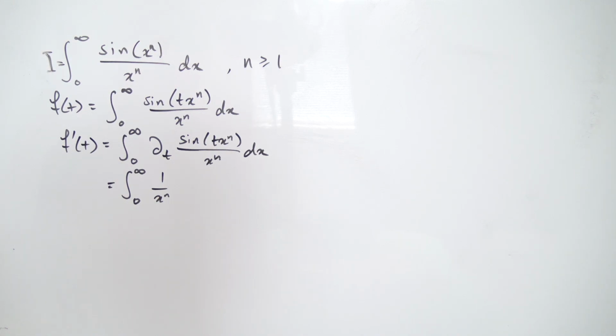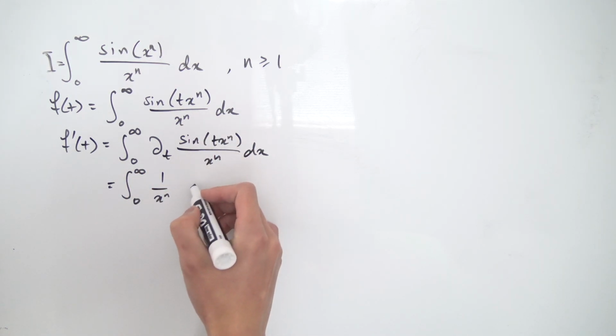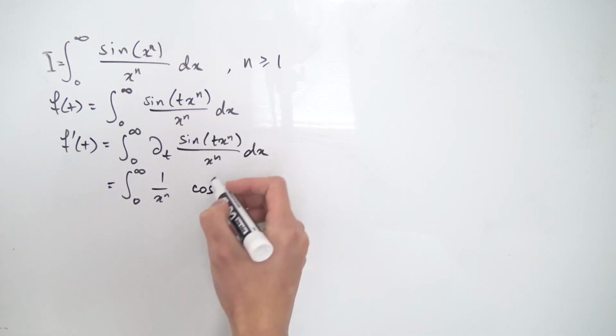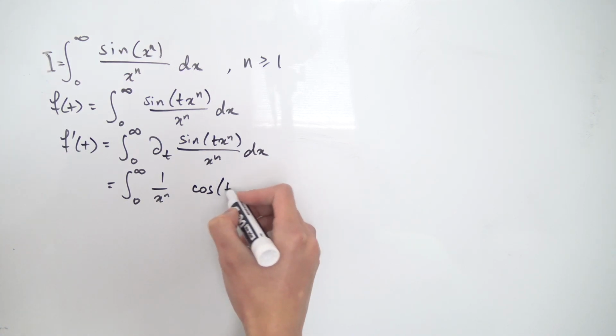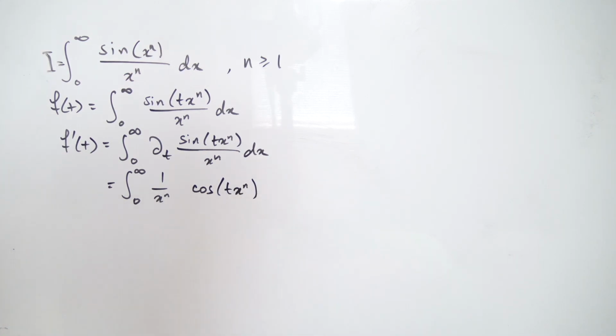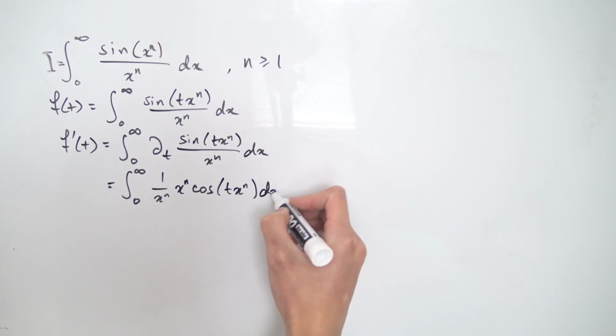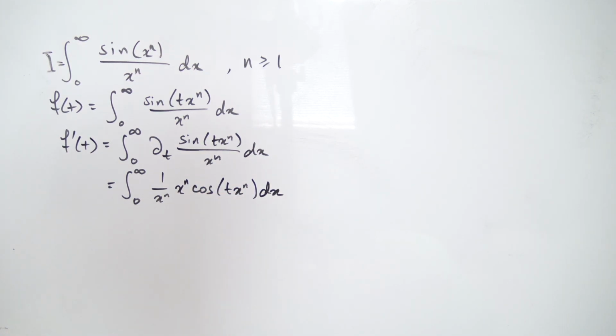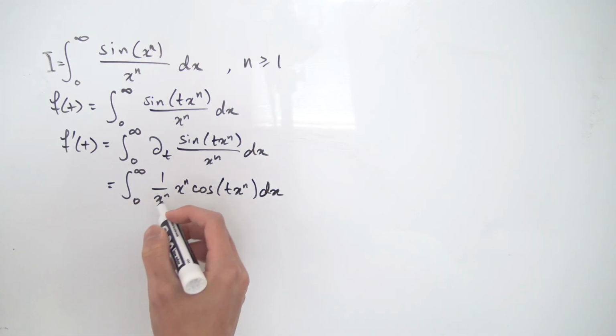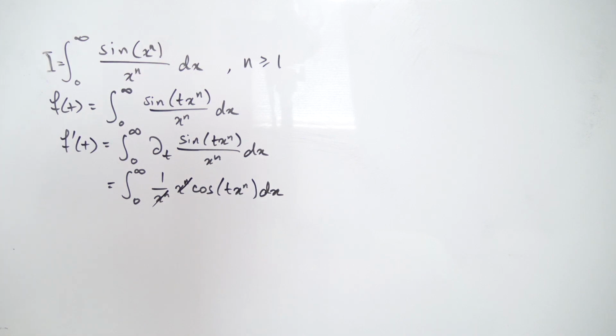If we use the chain rule, first we have the derivative of the outside function, which is cosine of t x^n, and we multiply it by the derivative of the inside, which happens to be x^n, dx. Now you can clearly see that this x^n in the denominator will disappear.